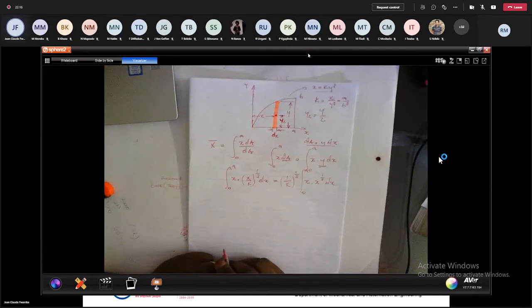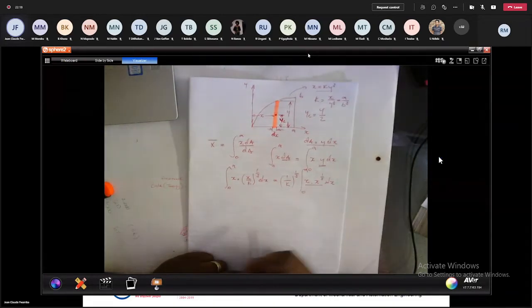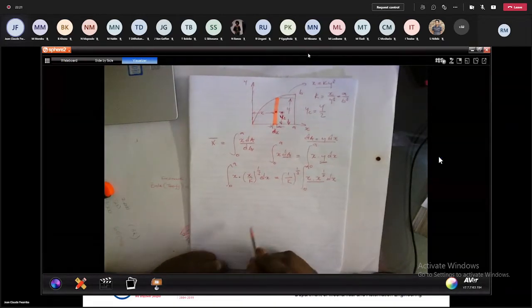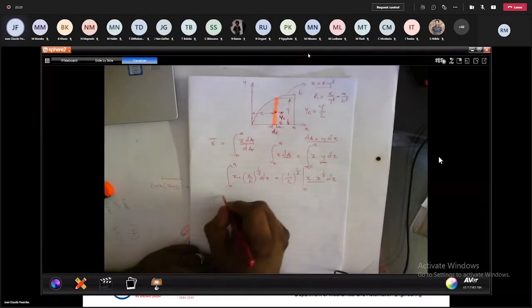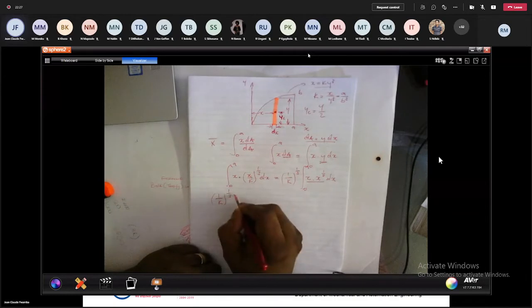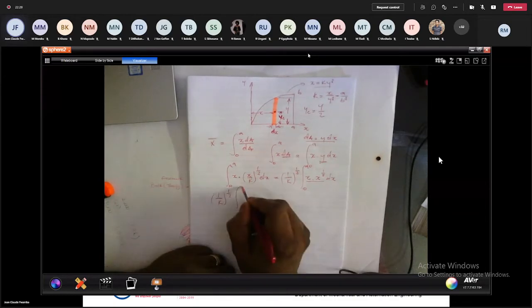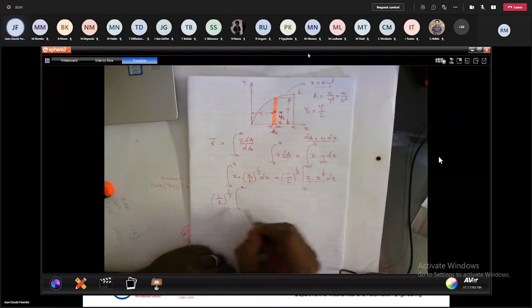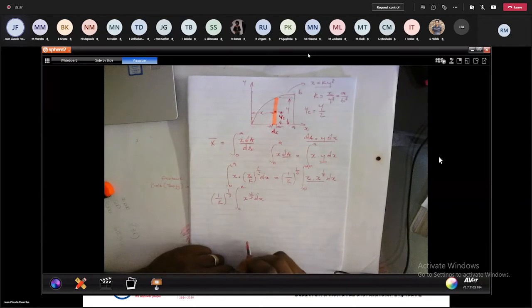I'm sure we can work that out. Let's go step by step: integration of x exponent 4/3 dx.